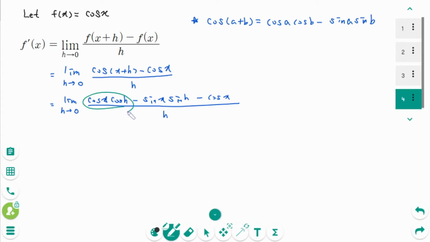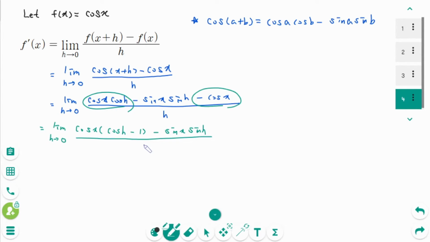Then with these two terms, limit as h approaches 0, take out the common factor, which is cosine x times cosine h minus 1, minus sine x sine h over h.